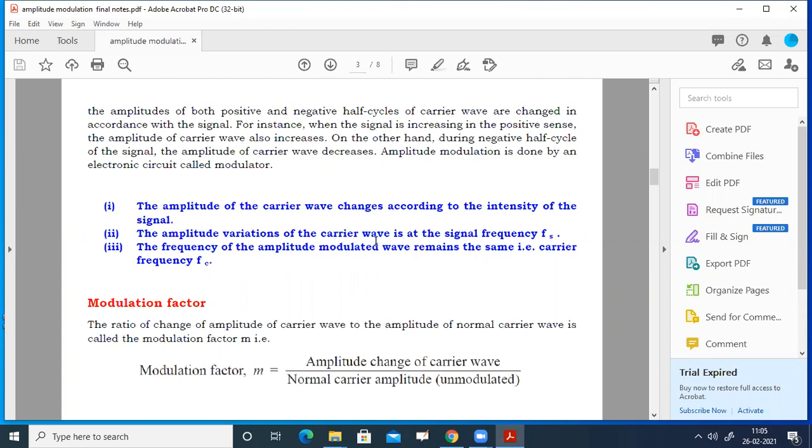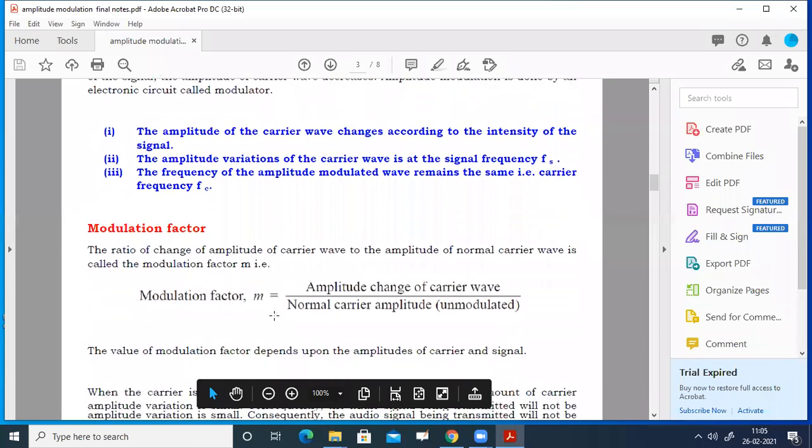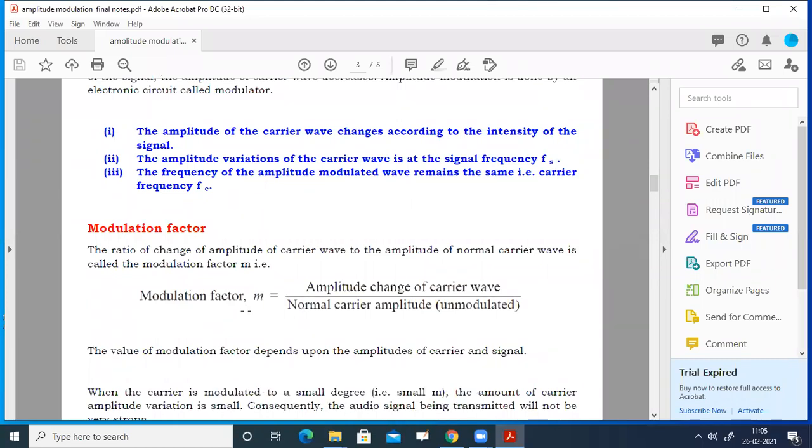Amplitude variations of the carrier wave are at signal frequency, that is Fs, and the frequency of the amplitude modulated wave remains the same, that is, the carrier frequency remains the same, denoted by Fc. Then the modulation factor, denoted by small m, is the amplitude change of carrier upon the normal, unmodulated carrier amplitude.